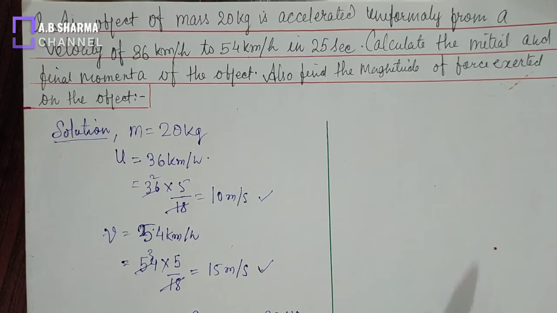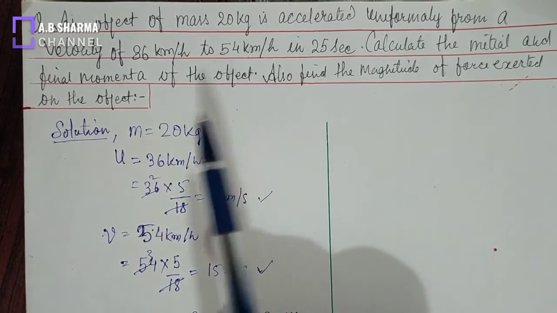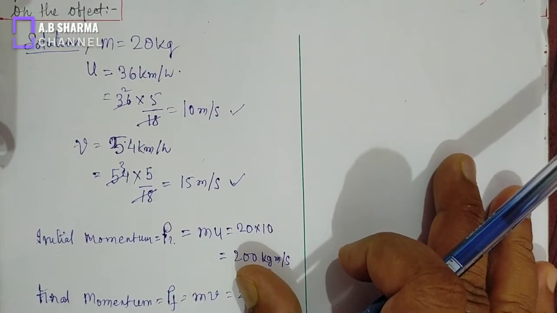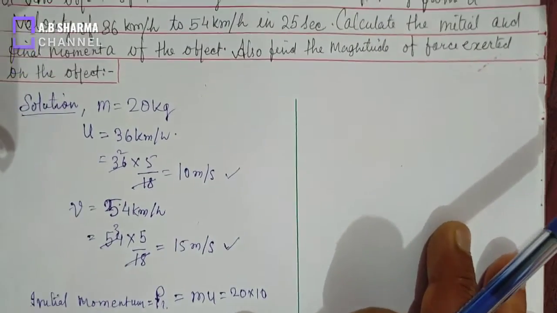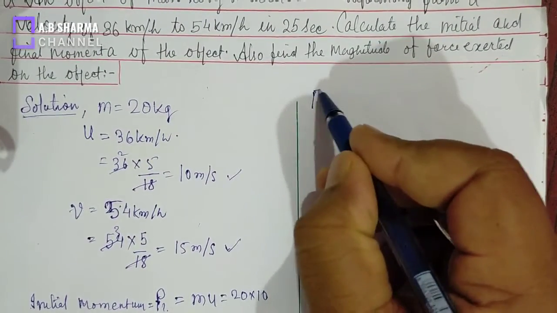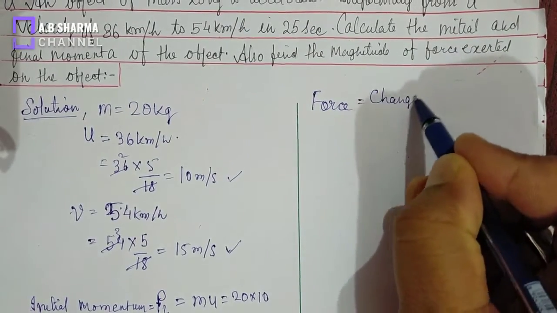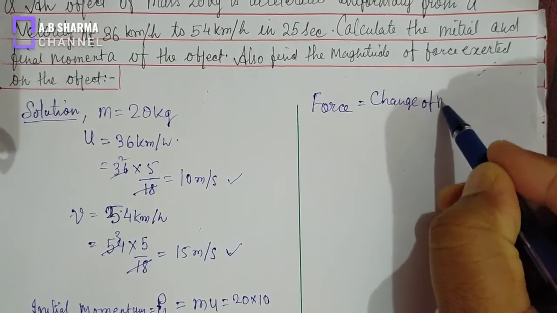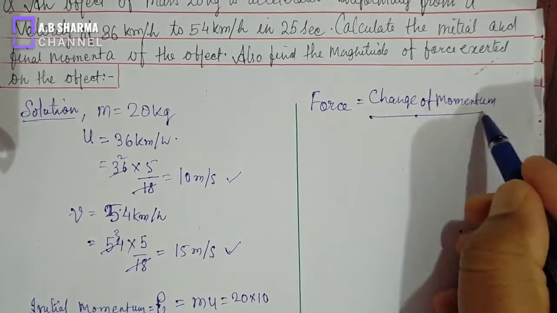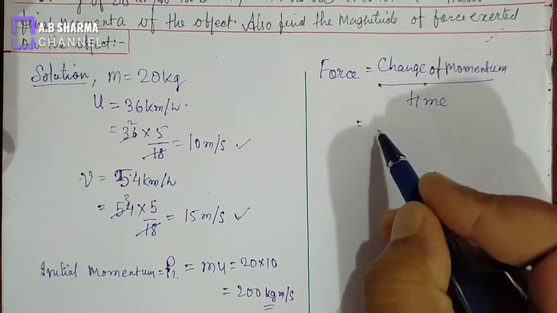Now as the question goes ahead, what is the demand of the question? Also find the magnitude of force exerted on the object. So magnitude of force can be calculated by rate of change of momentum. Force equals change of momentum over time, and change of momentum means final momentum minus initial momentum.